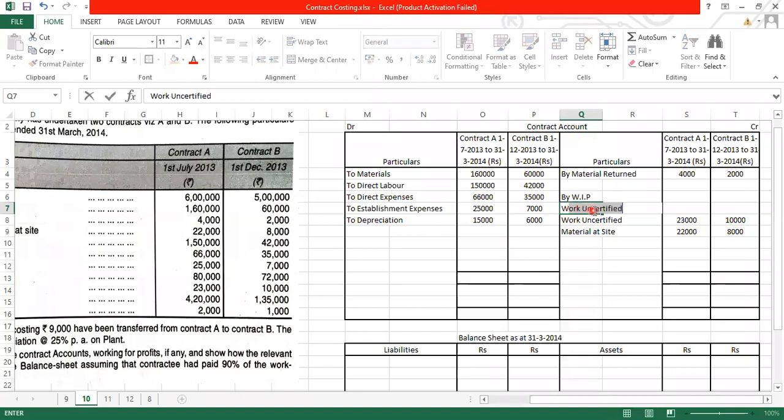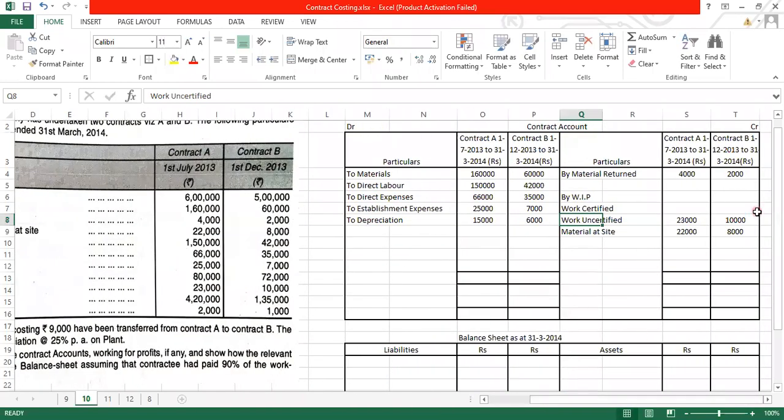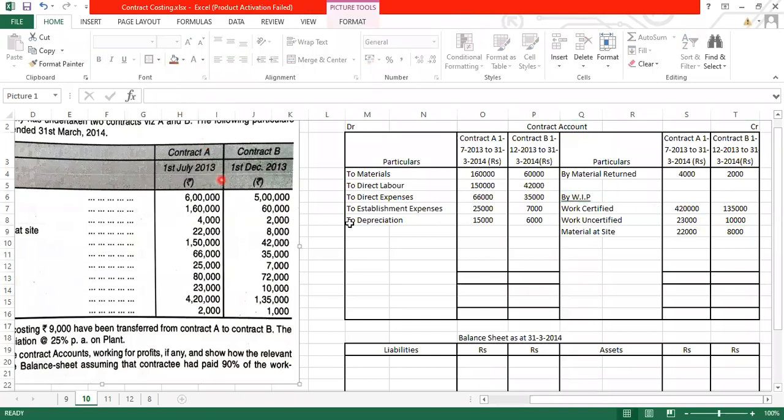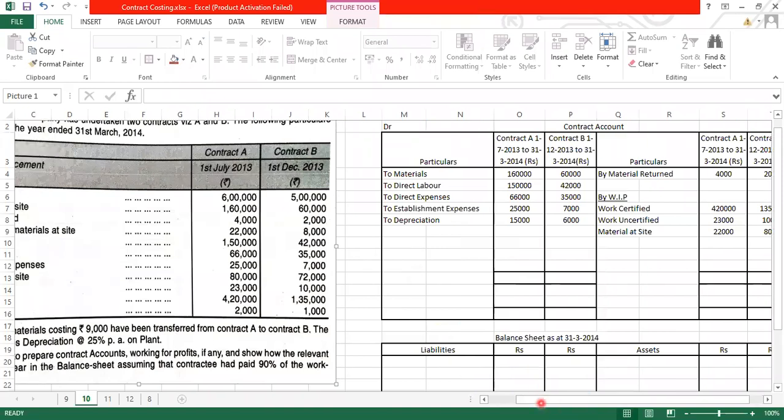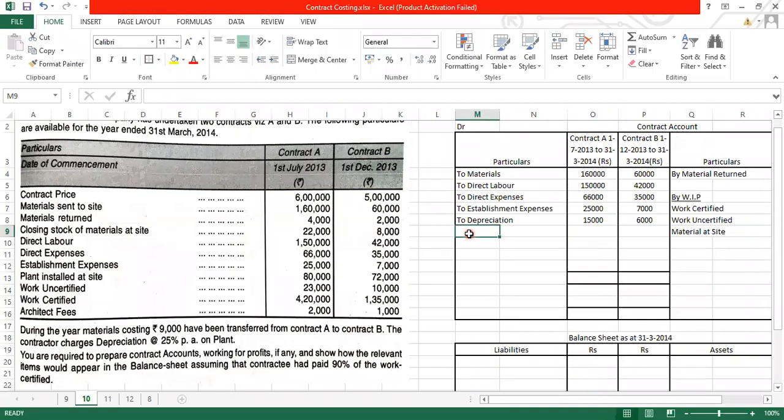Next we have work certified: 4,20,000 and 1,35,000. Next is architect fees, contract account debit side.